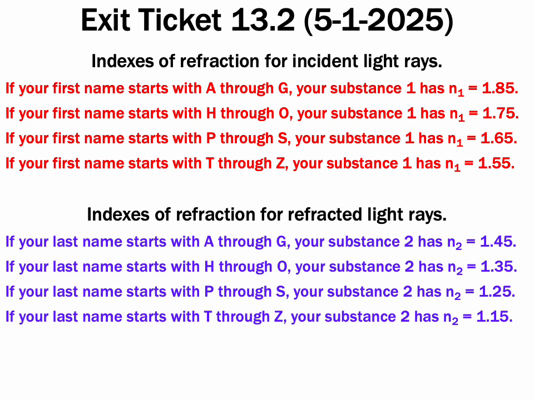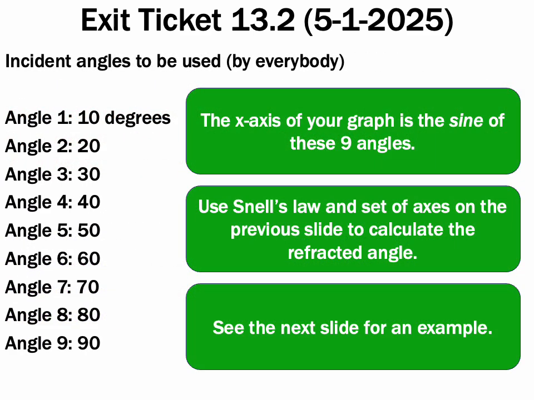So you can pause that, or you can look at today's notes. And you're going to use angles 1 through 90 every 10 degrees. So the x-axis is the sine of those 9 angles, and then you're going to use Snell's law to find the sine of the refracted angle. Next slide has got an example.